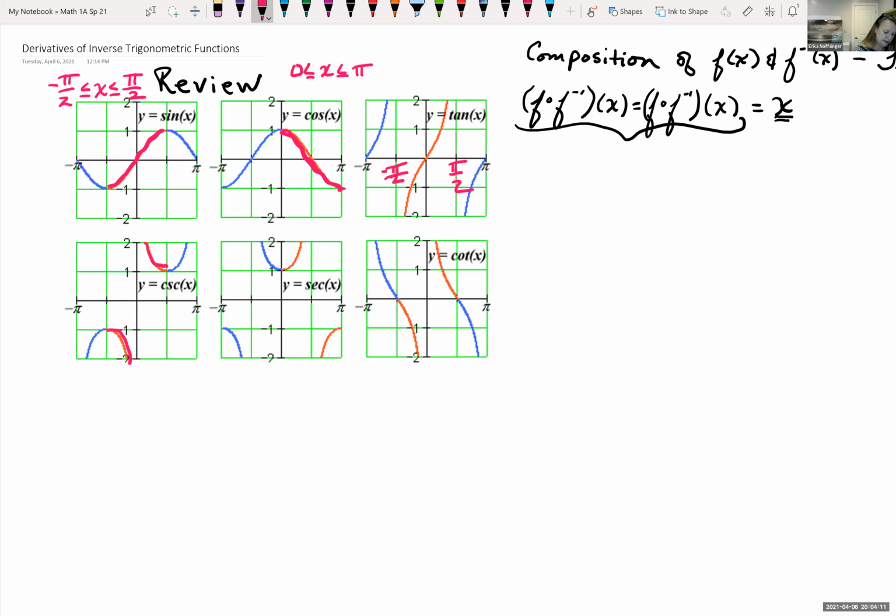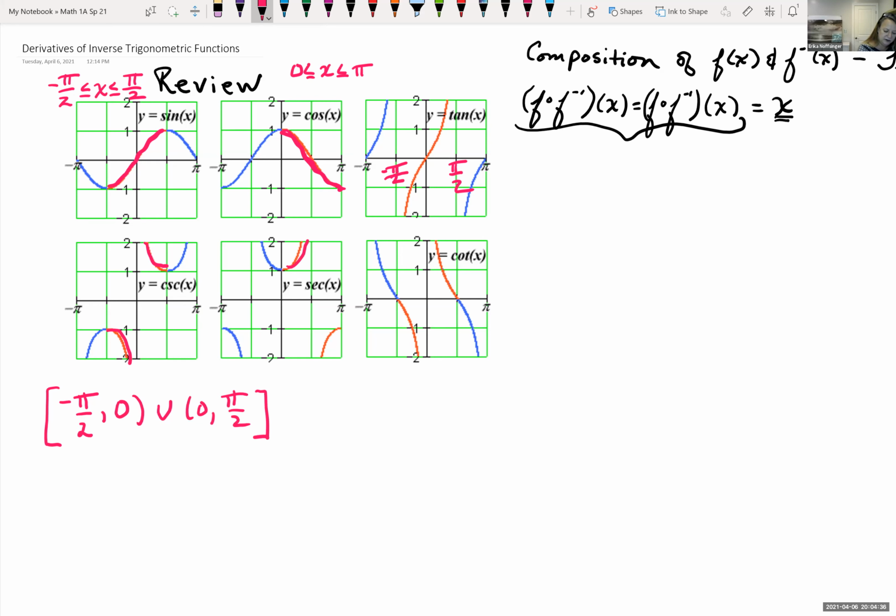Cosecant: here it's really negative pi halves, comma, and then we're going to 0. It actually can't include 0 because that's an asymptote. Union, if you want to write it this way, 0 to pi halves.